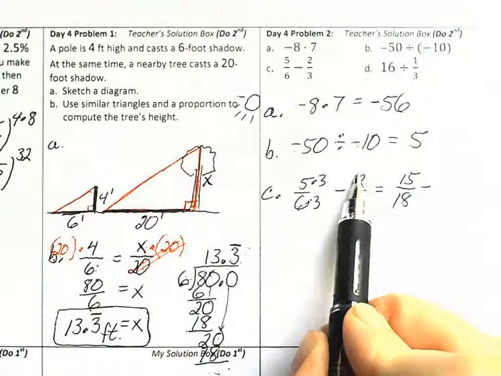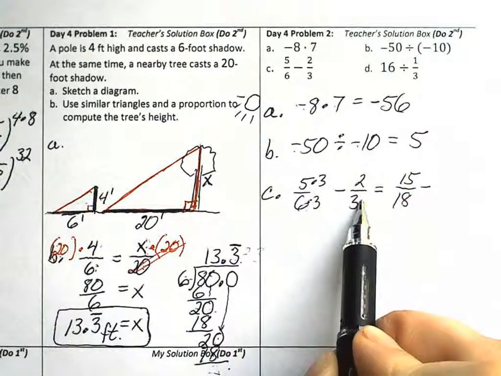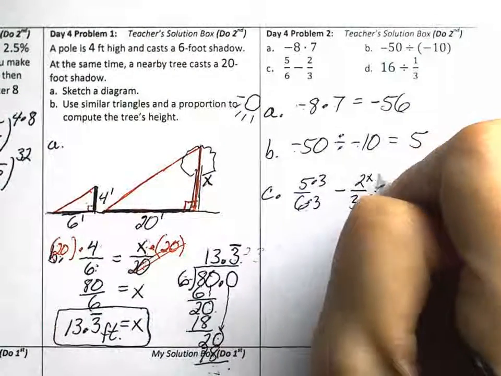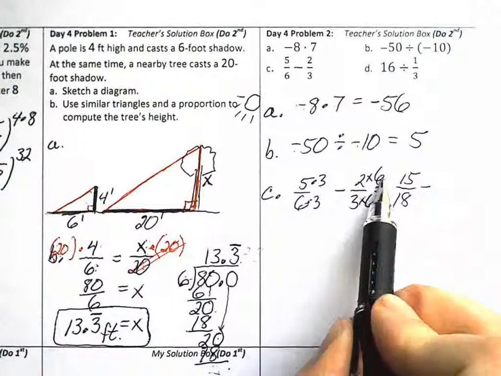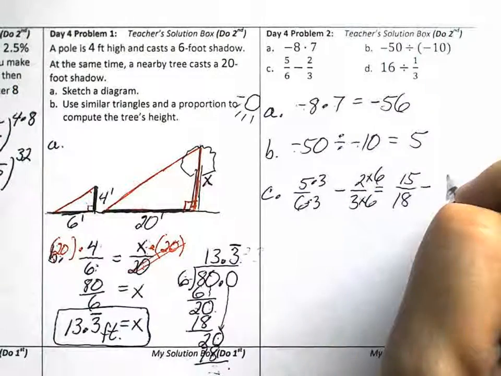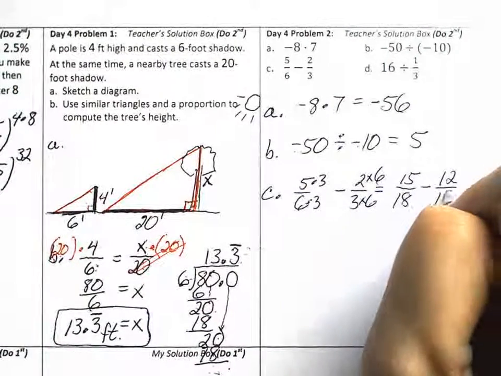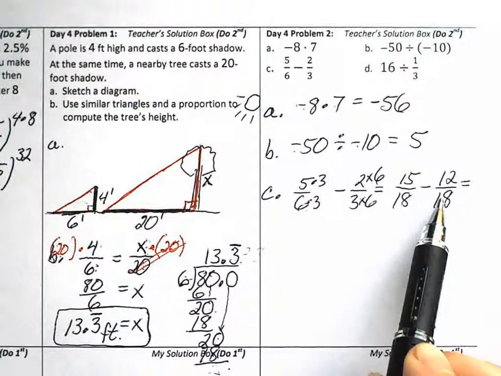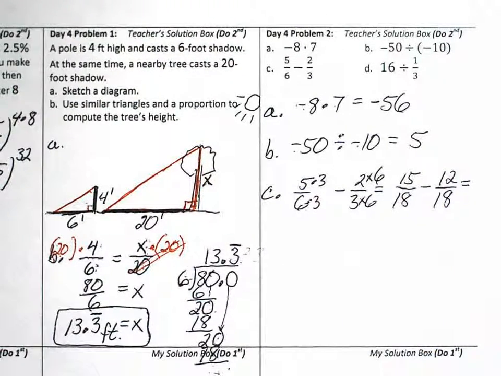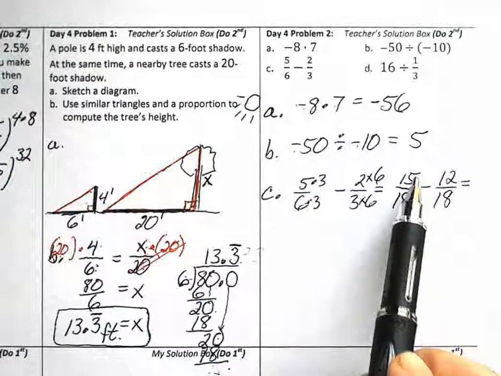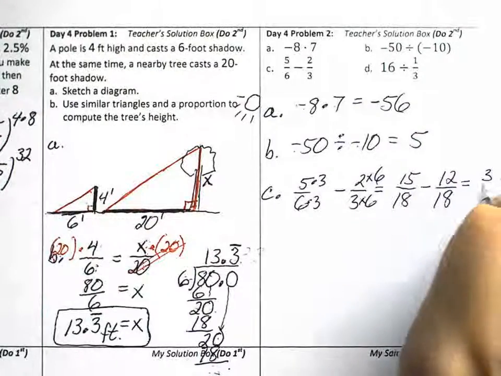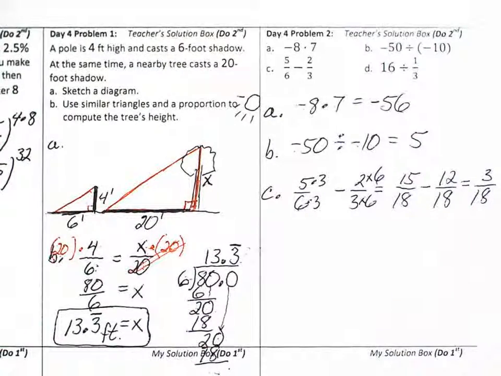Now we can take this fraction and change its denominator to an 18 as well. So times by 6 times by 6. This becomes 12/18. And now that the denominators match, we're able to subtract these fractional pieces of an object. 15/18 subtract 12/18 is 3/18.